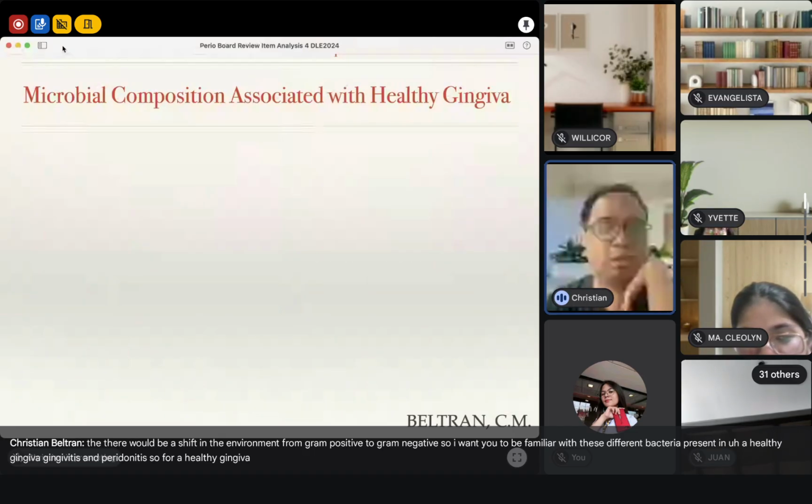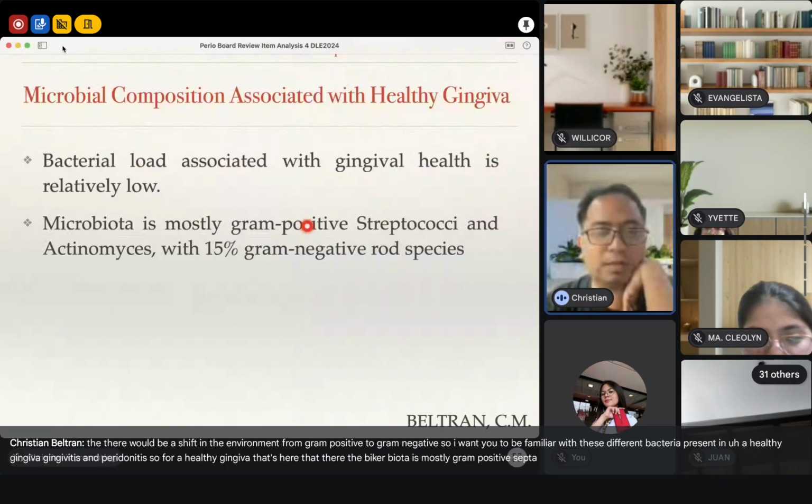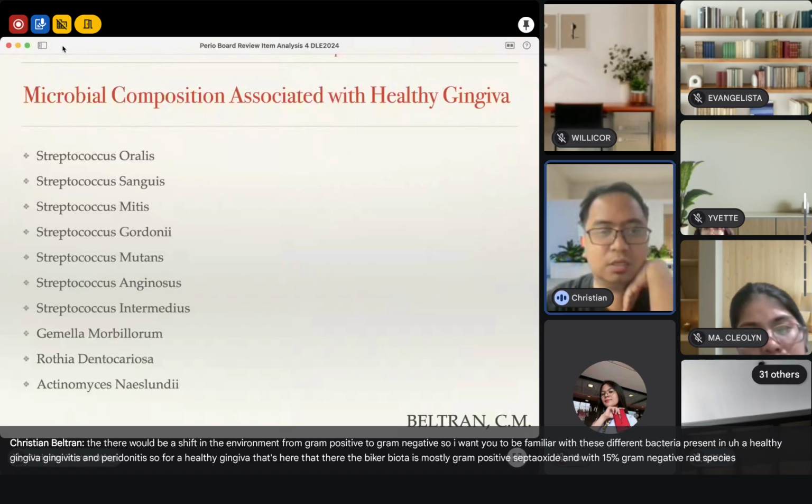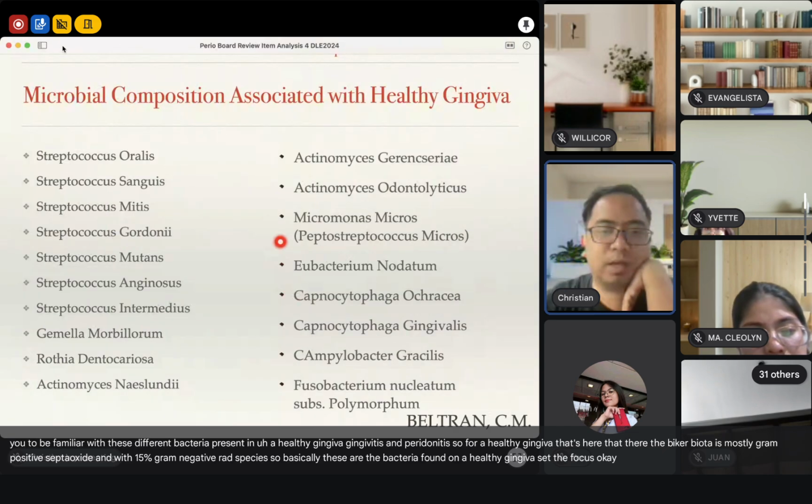For a healthy gingiva, the microbiota is mostly gram positive streptococci with 15% gram negative rod species. So basically, these are the bacteria found on a healthy gingiva: Streptococcus, okay, Actinomyces, and others.